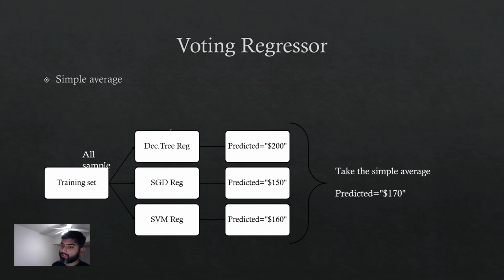For example, you start with three different models: decision tree, SGD classifier, SVM support vector machine, support vector regressor. All three of these are regressors because you have a continuous variable to predict.